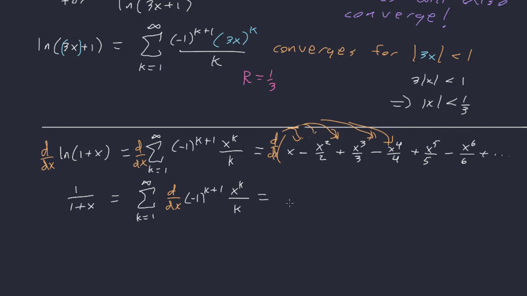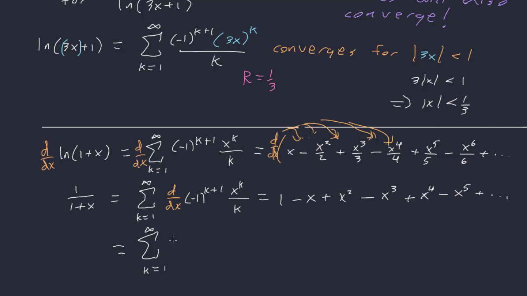Okay, so the derivative of x is 1. Derivative of x squared over 2 will be negative x plus, well, the 3 comes down and cancels with the 3, so it'll be plus x squared, minus x cubed plus x to the 4th minus x to the 5th, etc. In fact, if we were to differentiate this in terms of the k's, the constant would remain unchanged.